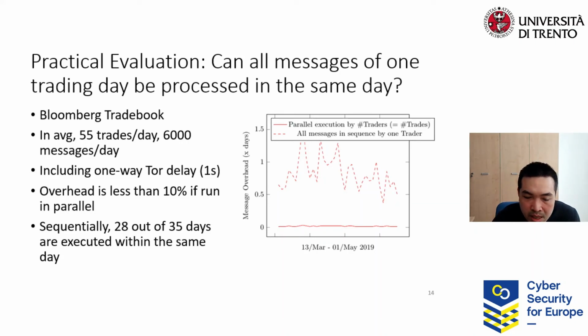As we can see in this figure here, even under the worst possible assumption, only 7 days out of 35 days require more than 1 day of sequential execution in our simulation. With a less extreme approach, which considers parallel execution, the overhead is smaller than 10%, which is shown in the solid line here.